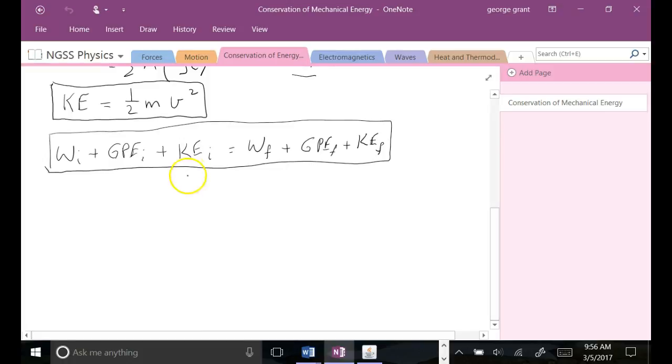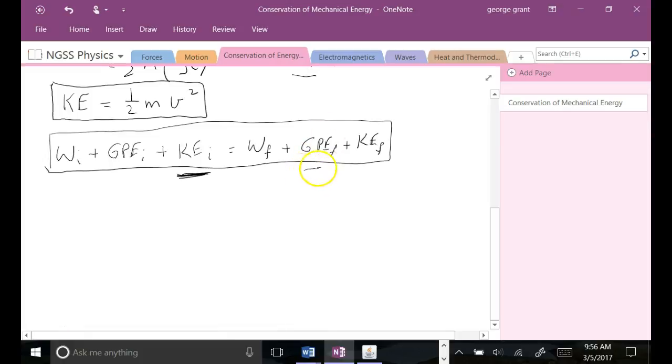At the beginning, I would like to know the kinetic energy, right? As soon as the ball leaves my hand, I'm not going to calculate the work done on the ball by my hand. I'm just going to look at the instant it leaves my hand, and that's the amount of kinetic energy the ball has.